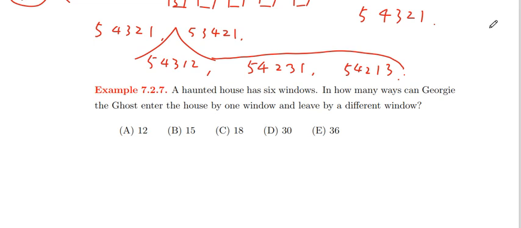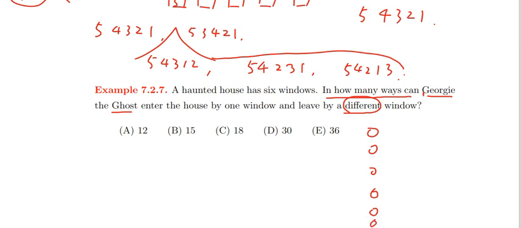So let's check this problem. It says a haunted house has 6 windows. In how many ways can George the ghost get into the house by one window and leave by a different window? So they have 6.